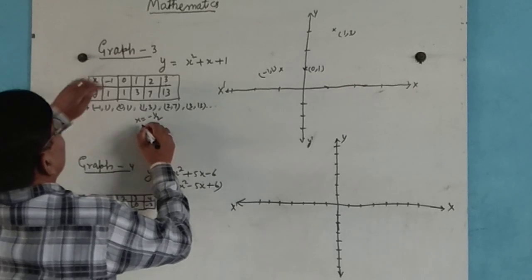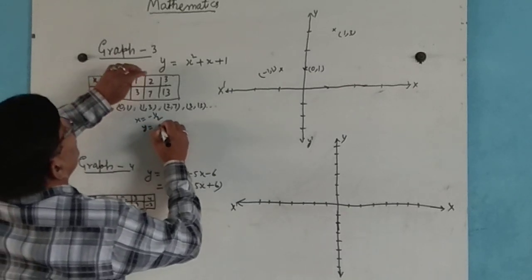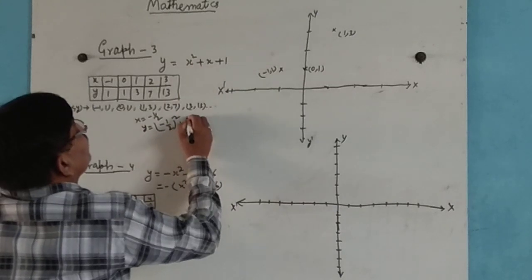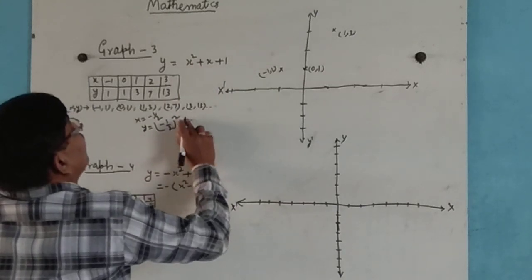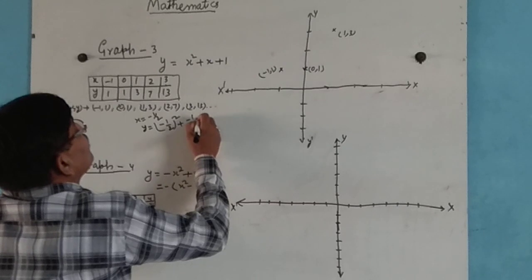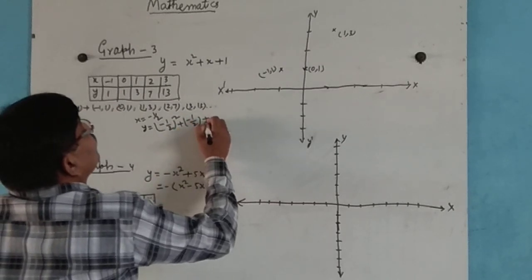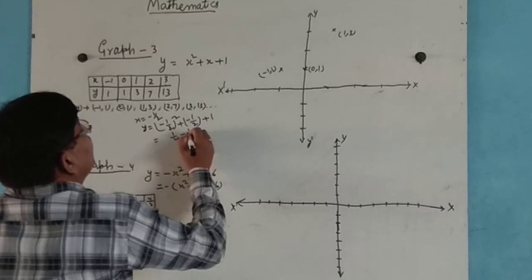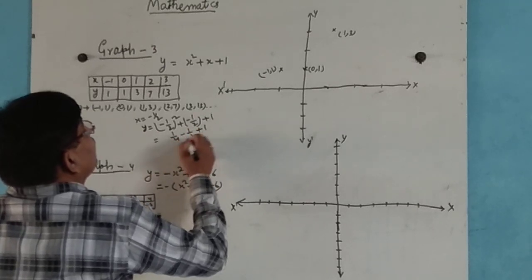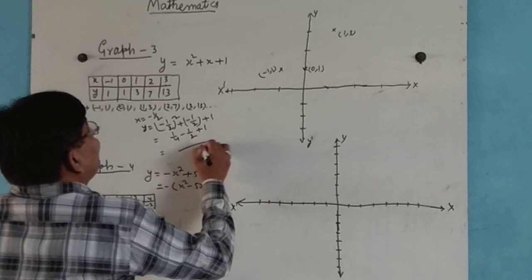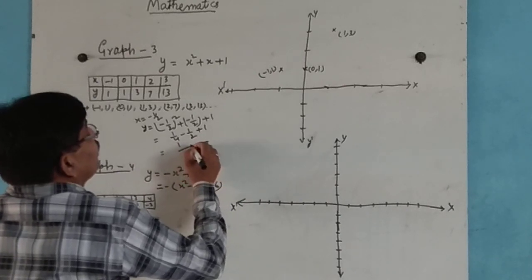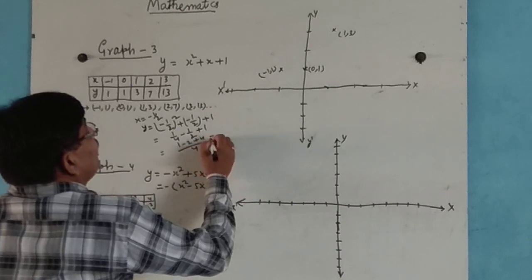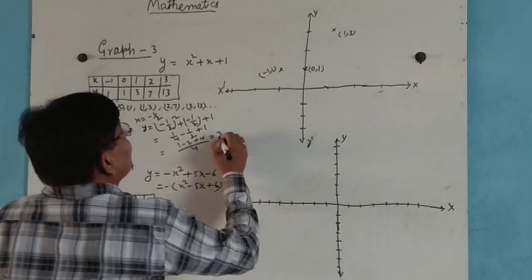X is equal to -half, y equal to (-half) square plus (-half) plus 1, that is 1 by 4 minus half plus 1, that is 1 minus 2 plus 4 over 4, equal to 3 by 4.